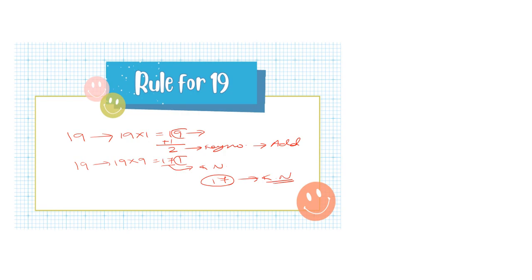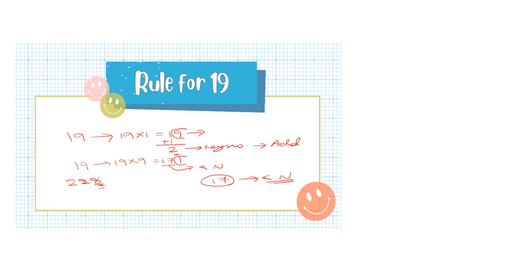Now let's verify. It's a simple one. Suppose I tell you 228, whether it is divisible by 19 or not. So 2 is the key number. It is easy to multiply and add. So 8, I'll multiply by 2. 8 times 2 is 16.